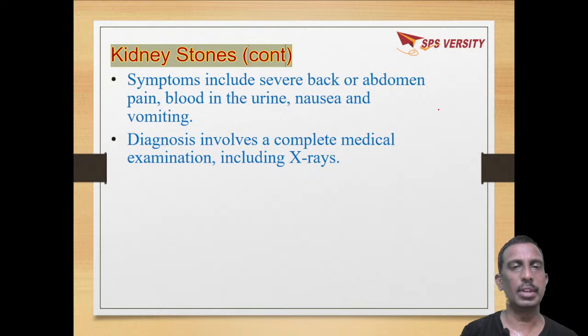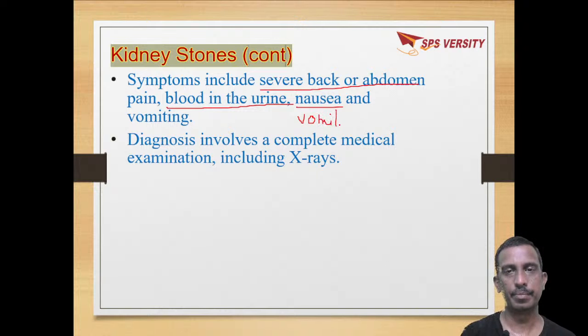What symptoms will it include? It will include severe back or abdomen pain, blood in urine, nausea, which means a vomiting sensation, and vomiting.